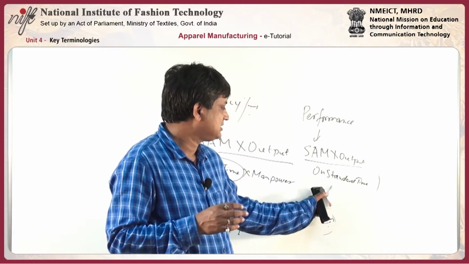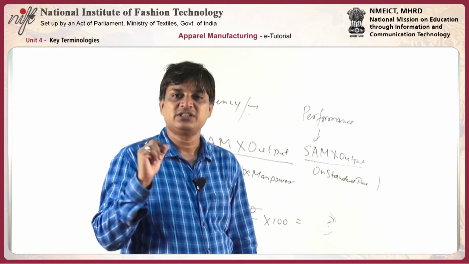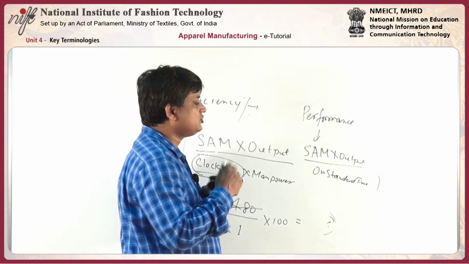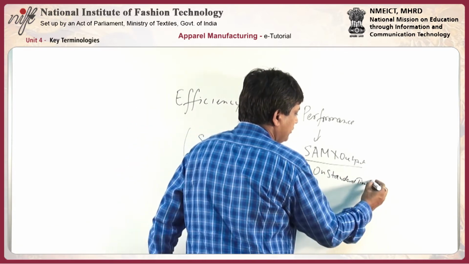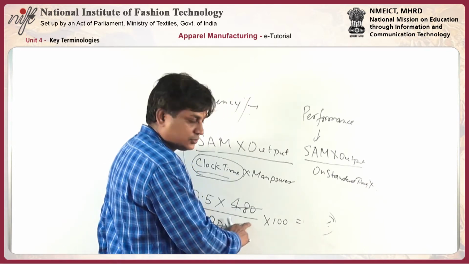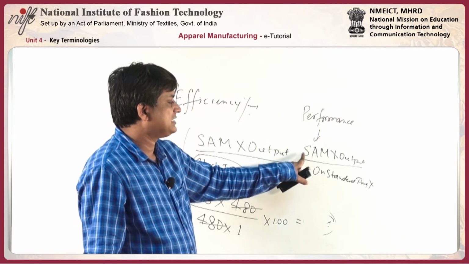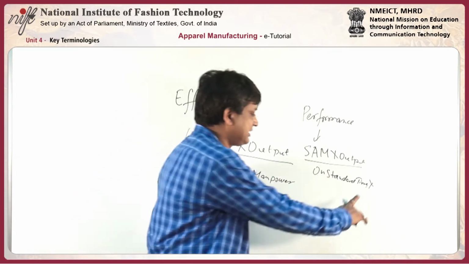We should only gauge the individual performance in terms of on standard time. As this is individual, if you multiply by the manpower also, it will become 1 only. So no need to multiply by the manpower. So the performance formula is SAM into output divided by on standard time.